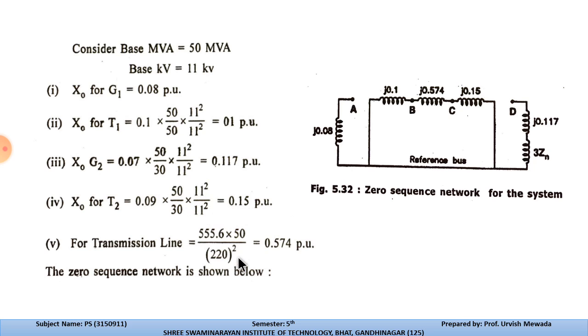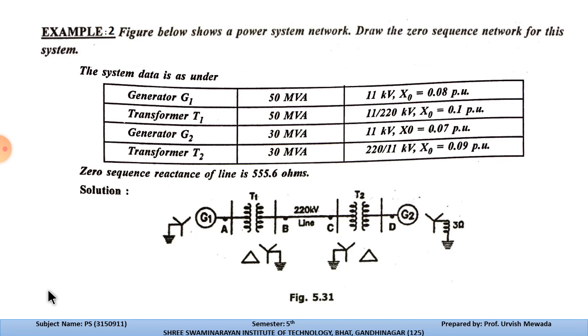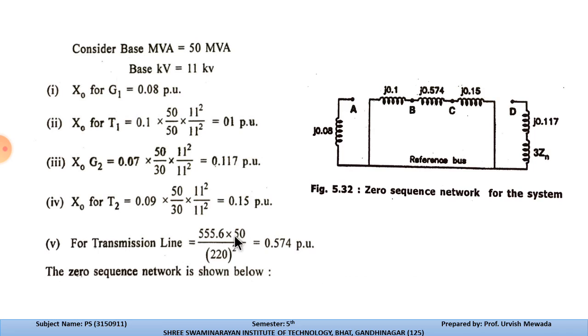And for the transmission line, it is already given that the zero sequence reactance of the line is 555.6. So 555.6 will be multiplied with the new base MVA divided by its kV rating squared, 220 square, so it is 0.574 pu. So the zero sequence network is shown over here, with all the parameters that we have calculated through these equations.